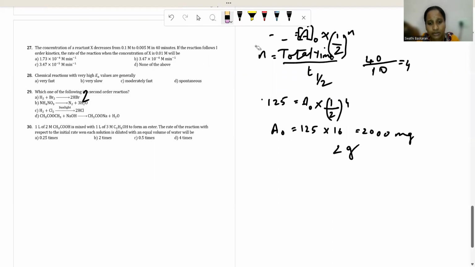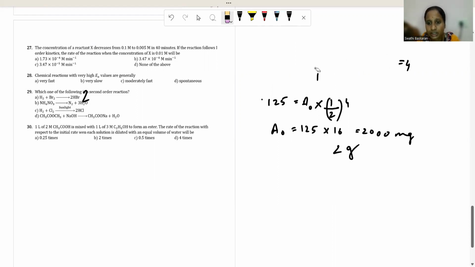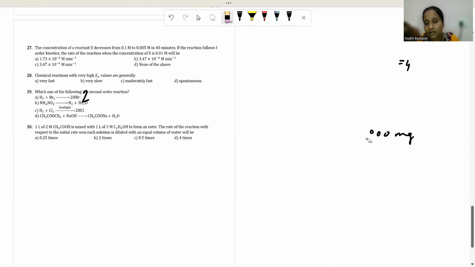It is just based on the simple integrated first order equation, which is nothing but K is equal to 2.303 log A naught by A, correct? So we will apply the same formula and then we will try to get the value of K. Once K is determined, it is quite easy to determine the rate, because we know the rate formula.